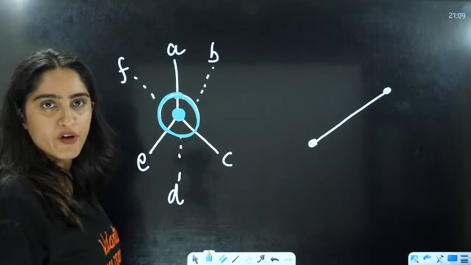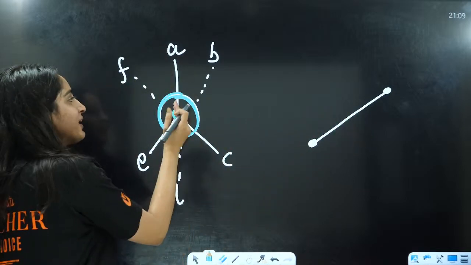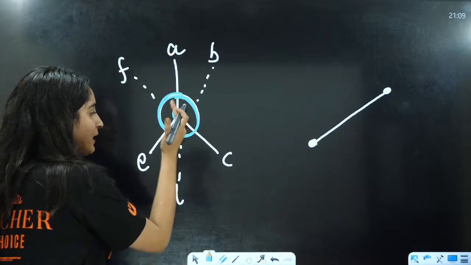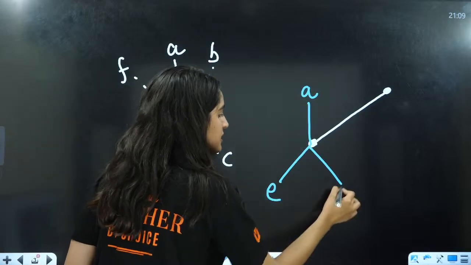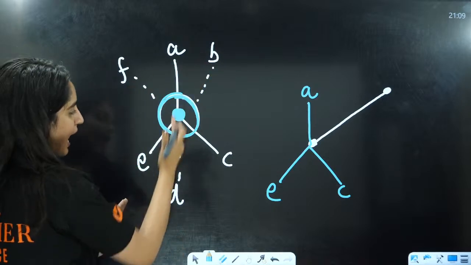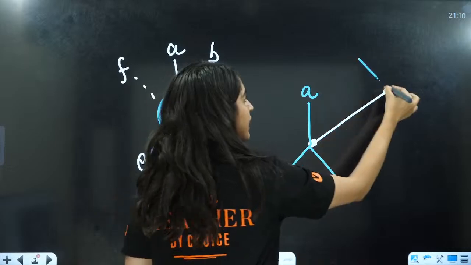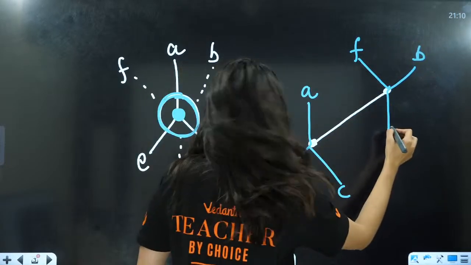Now the front atom is attached to A, E and C, so I'm going to write A, E and C here. And the back atom is attached to F, B and D, so I write F, B and D here.